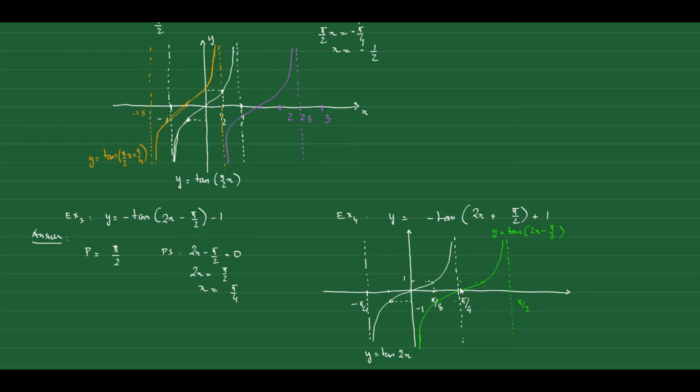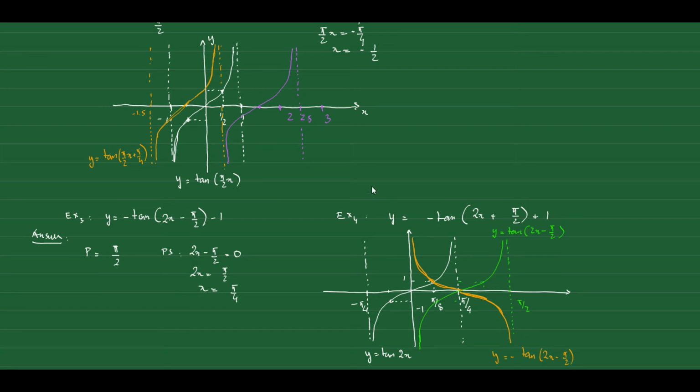Reflection of the green one. So this is just y equal to negative tangent of 2x minus pi over 2.